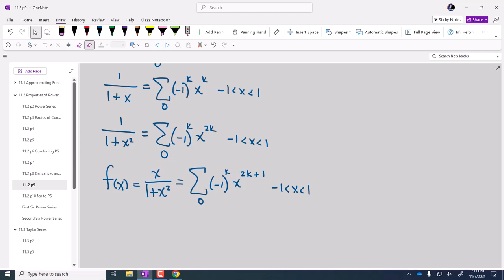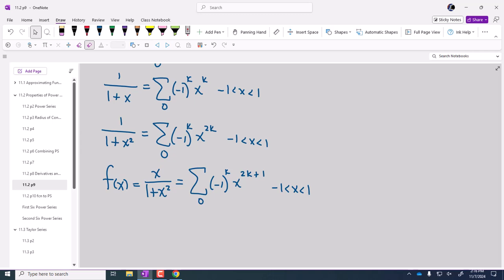Last step here, now we multiply by a factor of x. We also multiply by a factor of x inside the summation, so that puts an exponent of 2k plus 1. We add 1 to the exponent. And when you multiply by x, that's not going to change the interval of convergence. Let's think about that for a minute. For the interval of convergence, you're doing that ratio, a sub k plus 1 divided by a sub k.